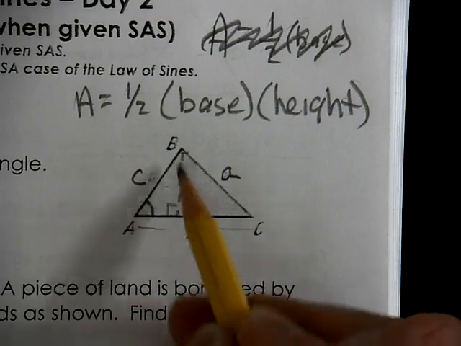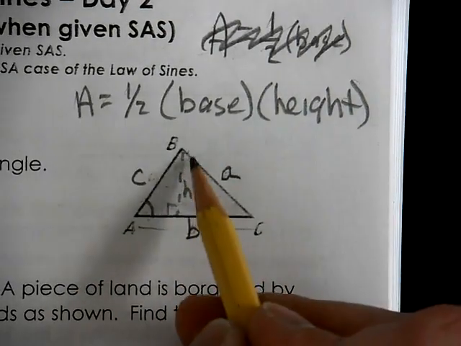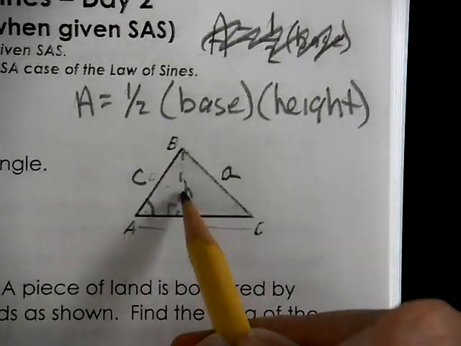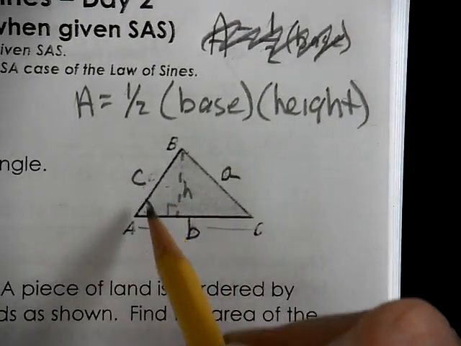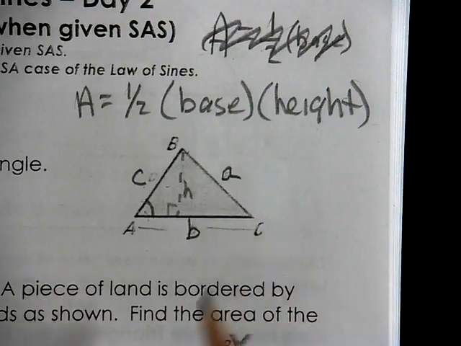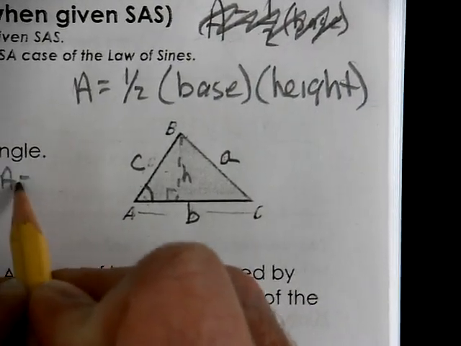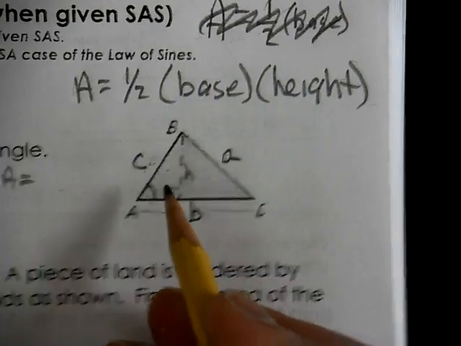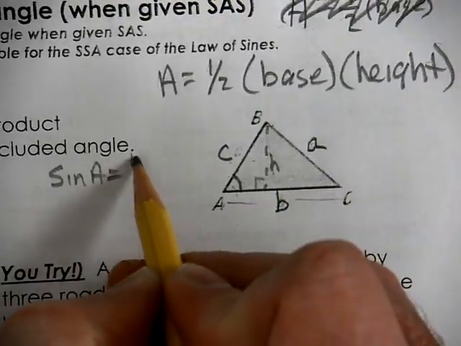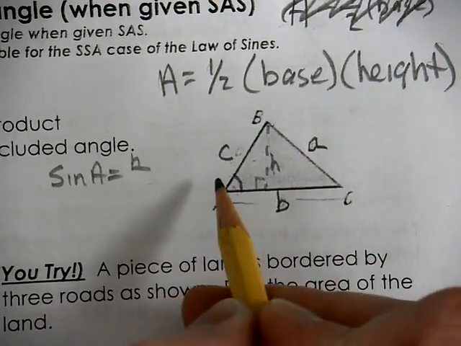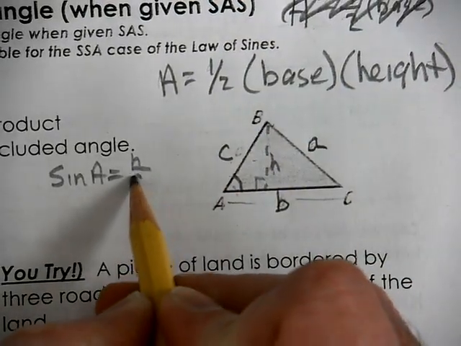That's perpendicular straight up. It's called an altitude when it comes from your vertex. So opposite over hypotenuse, using your SOHCAHTOA that you've learned before, tells us that the sine of A is going to be the height over our hypotenuse. And the hypotenuse in this particular case is the letter C.